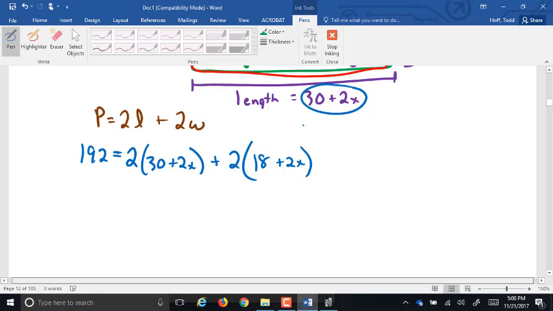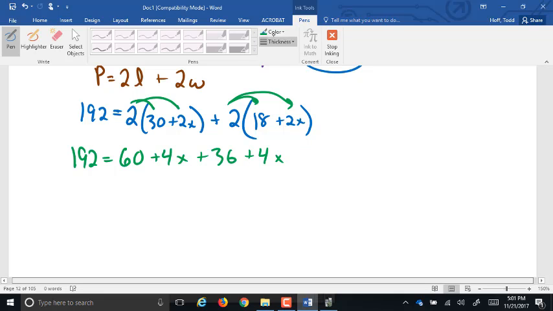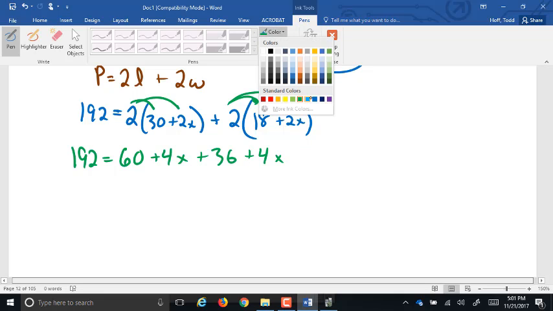Well, the 192 will not change here. But we do have to deal with the parentheses. We'll distribute the 2. 2 times 30 is 60. 2 times 2x is 4x. Good. 2 times 18, 36. And 2 times 2x, 4x. What's our next step going to be?